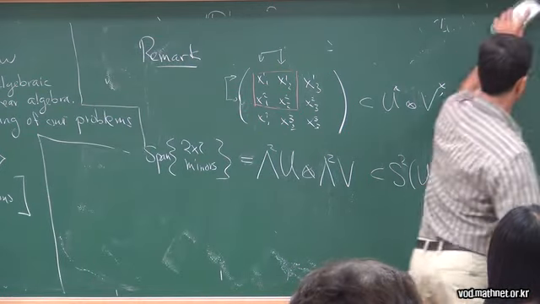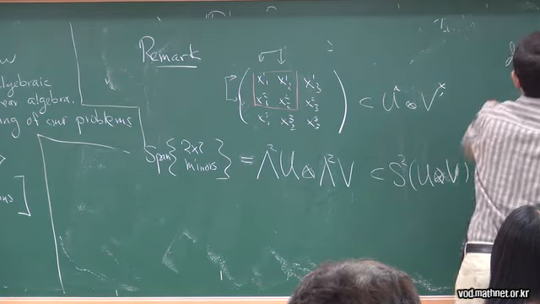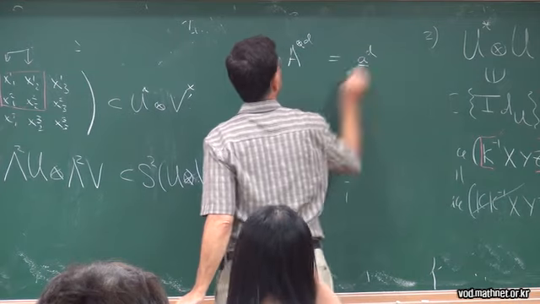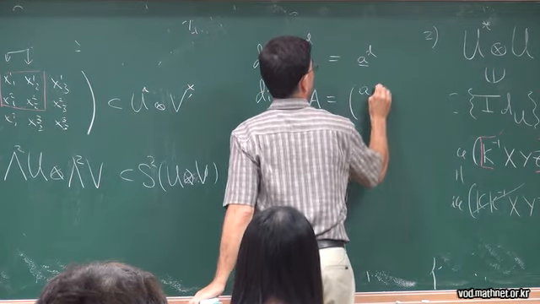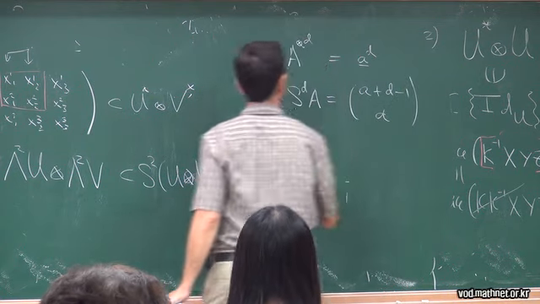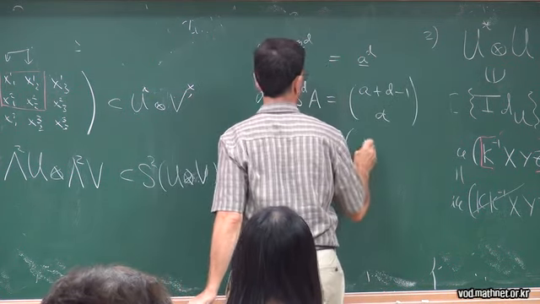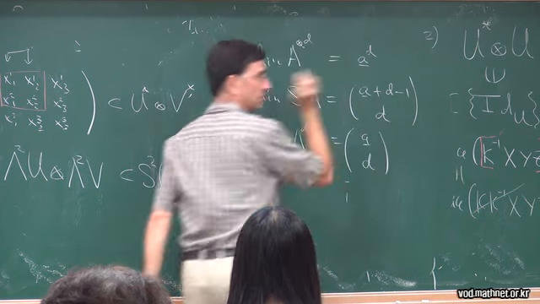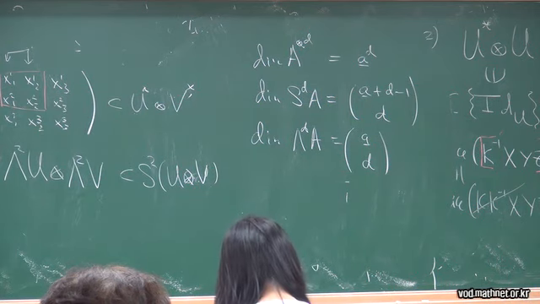The dimension of A tensor to the D is A to the D. The dimension of Sym^D A is A plus D minus 1 choose D, and the dimension of lambda^D A is A choose D. I'll leave that as an exercise if you've never done it before. And so by just dimension counts, you can get that.